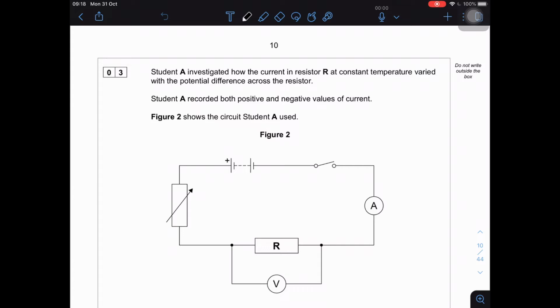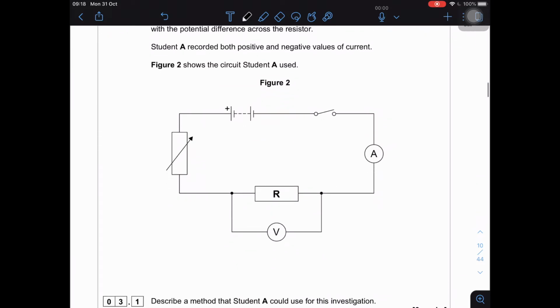This one is based off an experiment or a practical that you should have done in school. Student A investigated how current in resistor R at constant temperature varied with potential difference across the resistor. He recorded both positive and negative values of the current.